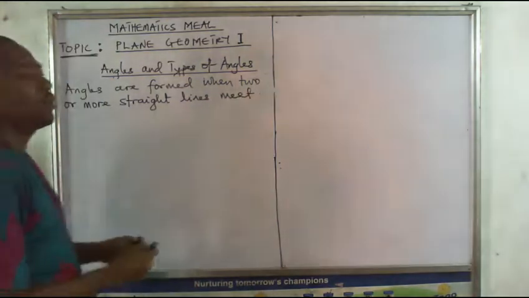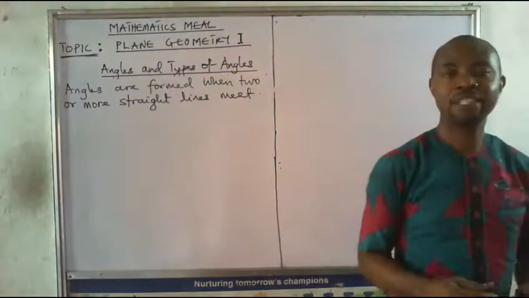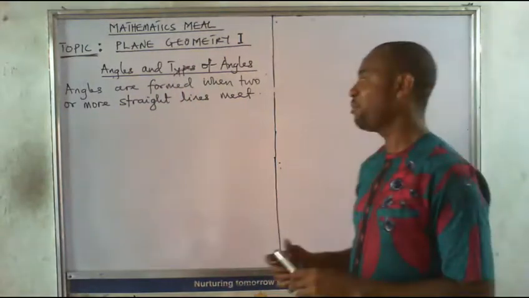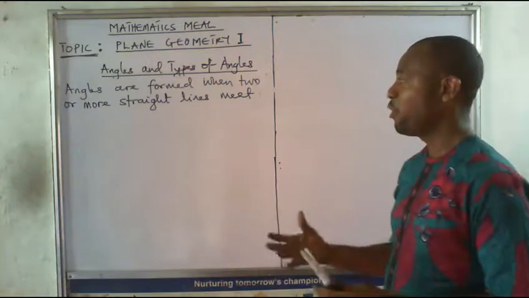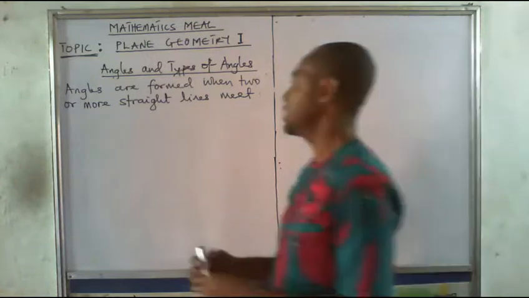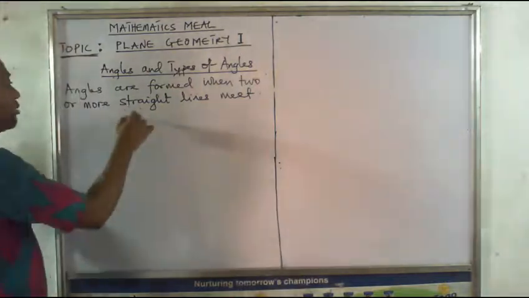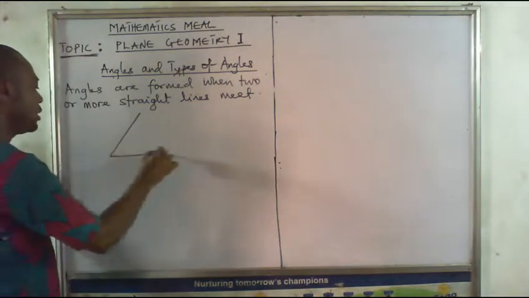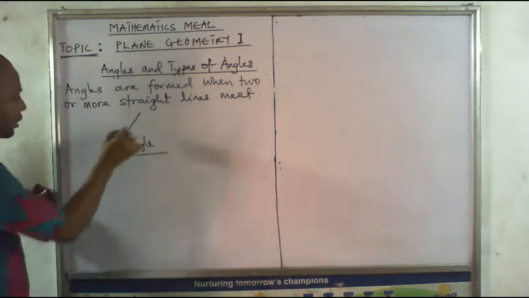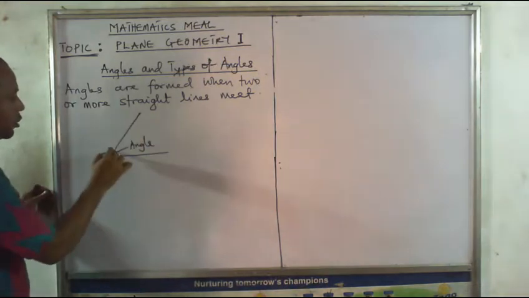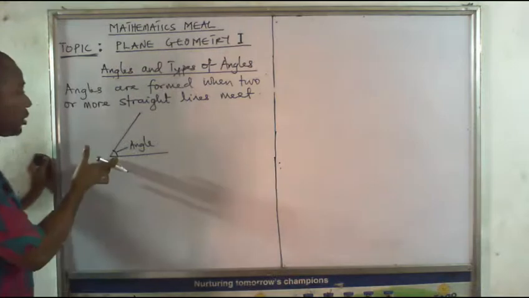So we form angles when we have a meeting of two or more straight lines. So when two or more straight lines meet, we form angles, when there is intersection of two or more straight lines. So we can have this a line, this a line. This place is an angle, because this is a straight line. So wherever two or more straight lines meet, we must have an angle.